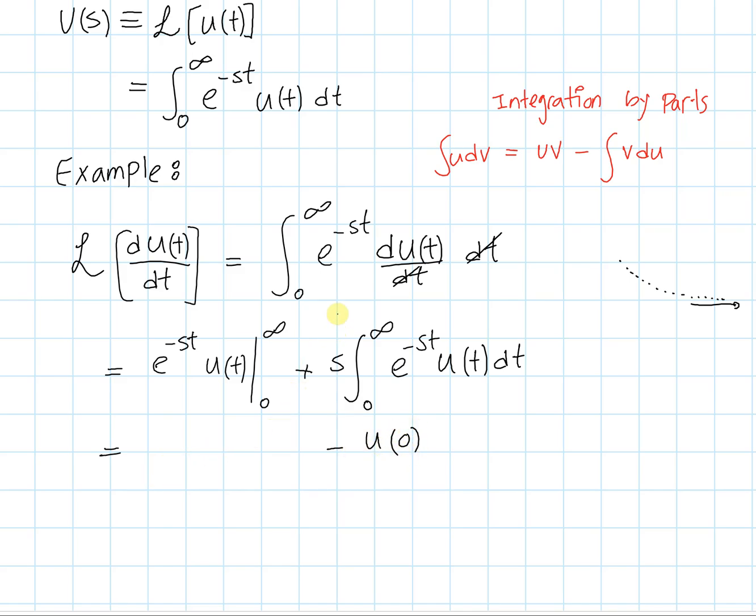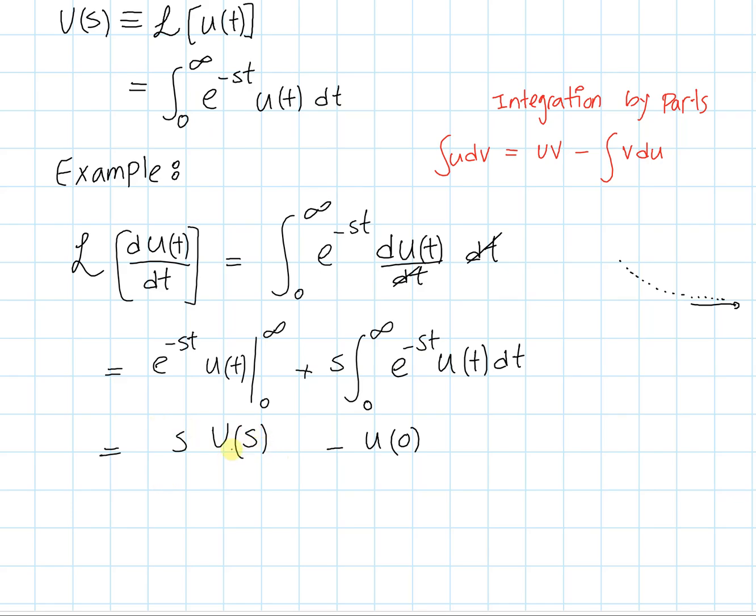Then for my second term, the s carries on, and if I look at this integral, it matches the same integral that I have up here. So I have s times U(s).